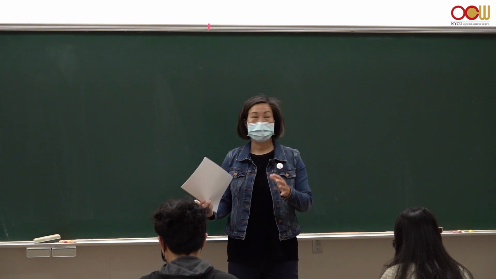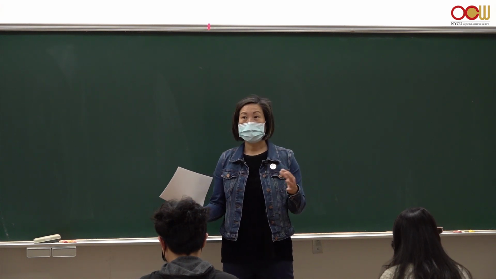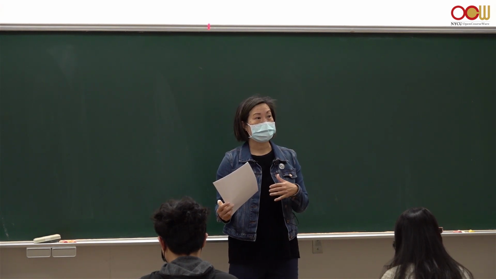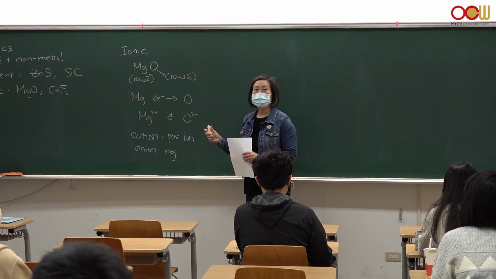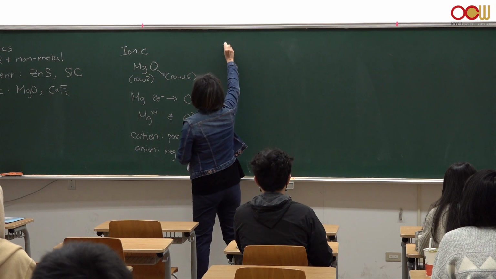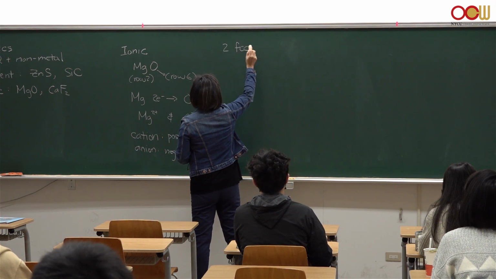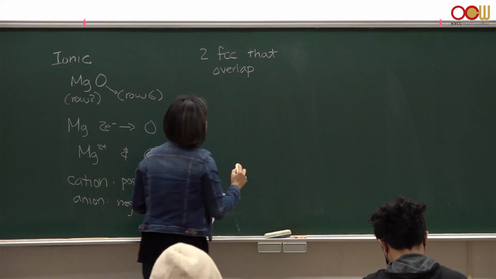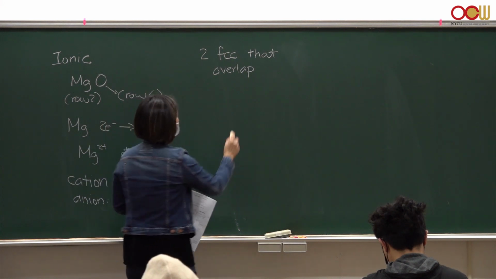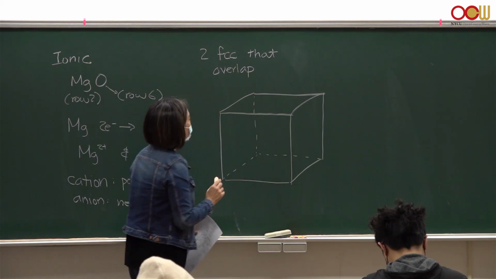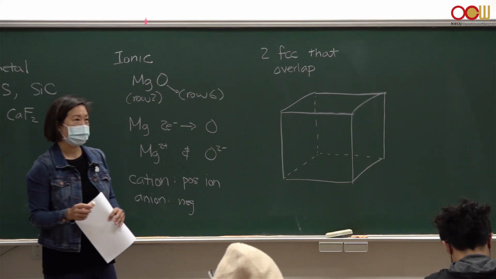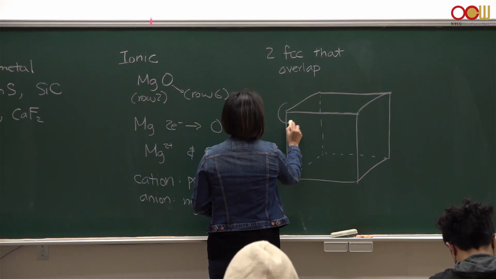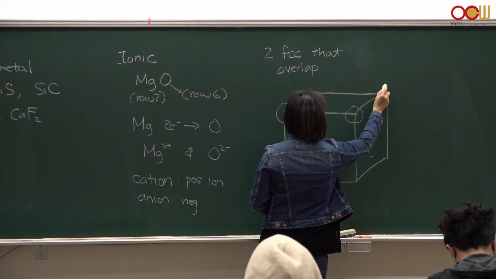But now we're talking about two different elements coming together and forming a crystal structure. So what does that look like? So magnesium oxide forms what is called two face-centered cubic. Okay, and I'll draw this for you. So both elements occupy the face-centered cubic structure. This is one.